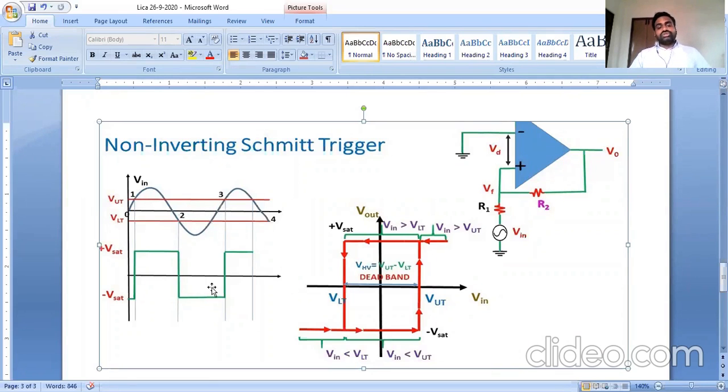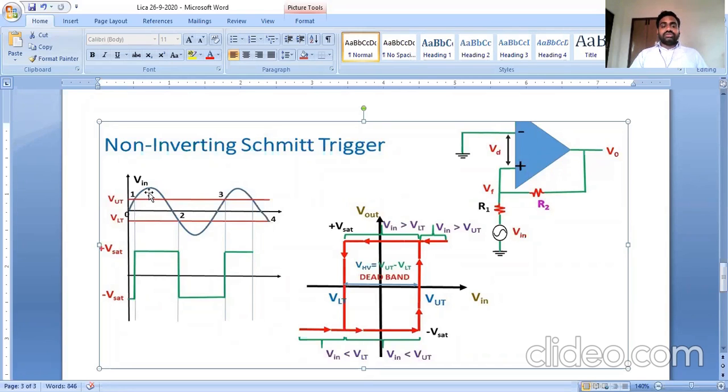So this is the behavior of input voltage with respect to output voltage, as the input varies from 0 to plus V maximum to minus V maximum. If the input voltage is less than the upper threshold value, the output is minus saturation voltage, minus Vsat.